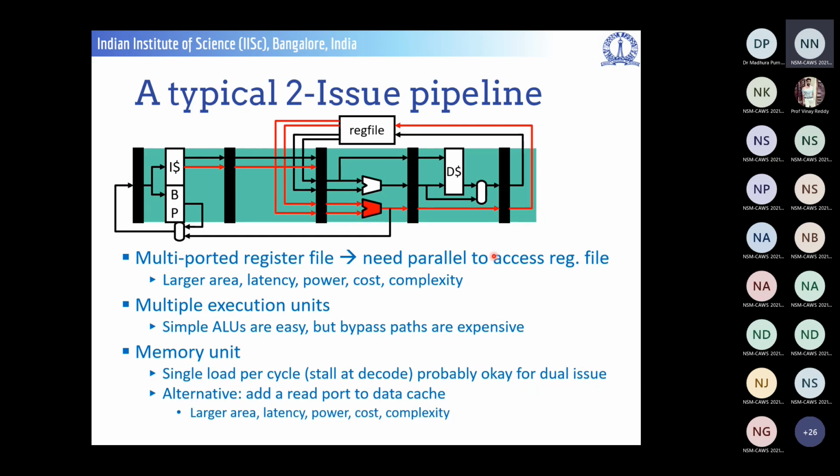So this will also add to larger area, power, and so on for the caches. So what we are getting at is that having a superscalar pipeline has a lot of hardware cost, because many portions of the processor now need to support parallelism.